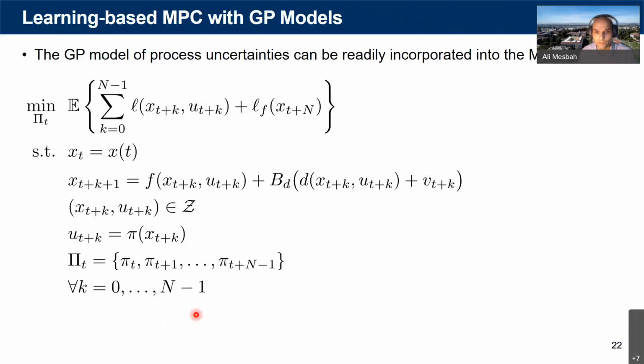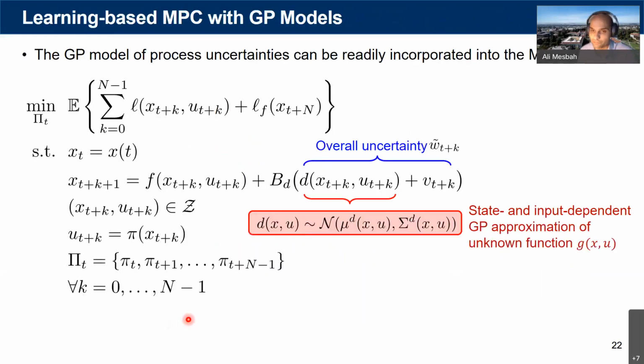This leads to the following formulation of MPC. We formed a version of this MPC problem before, but now we are augmenting this nominal system with this GP representation, or GP approximation, of the unknown plant model mismatch term.